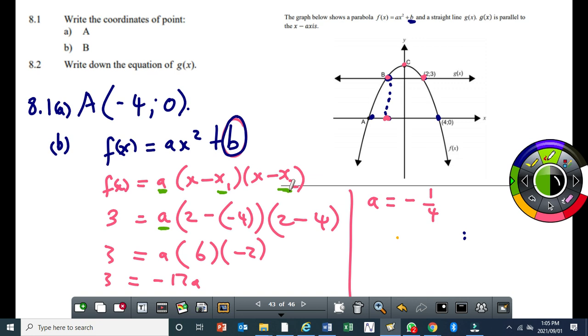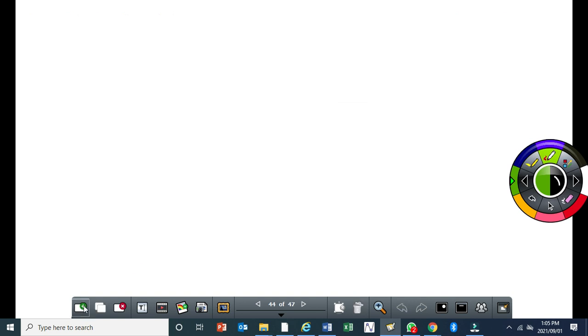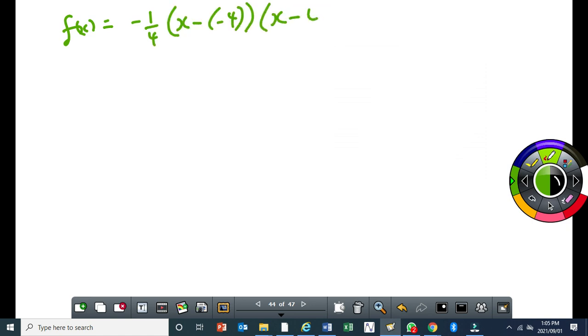Let me do it on the next page. So my equation is going to be f of x equal to my a, minus 1 over 4, times x minus 4, times x minus 4.